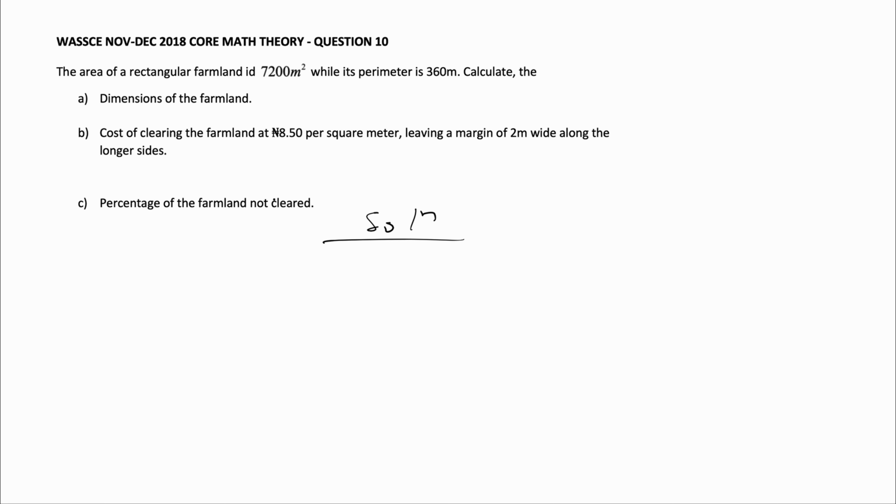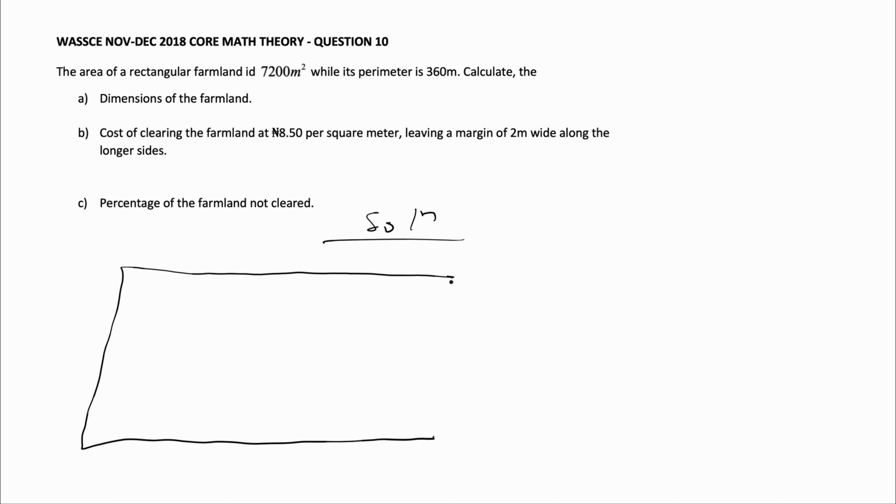So we draw our rectangular farmland. We have our length and our width.